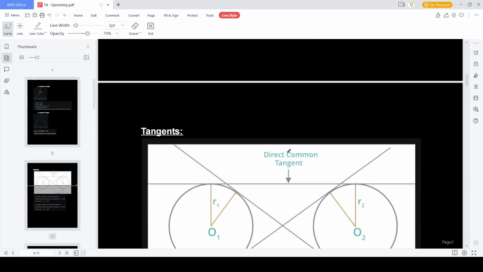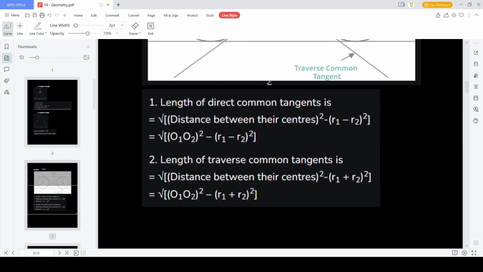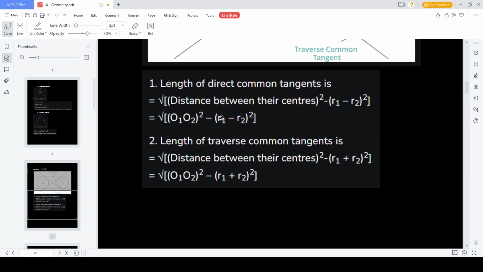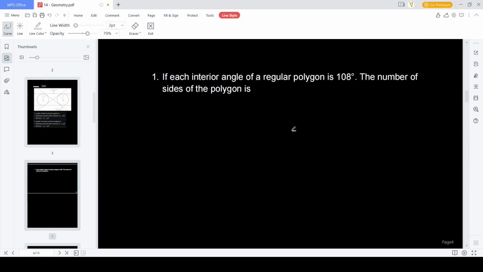A line touching the circle only once is called a tangent, and a line cutting the circle twice is called a secant. Secant is spelled like this. The length of the direct common tangent is the square root of O1O2 square minus (R1 minus R2) square. This is fine, we'll solve it when a question comes.